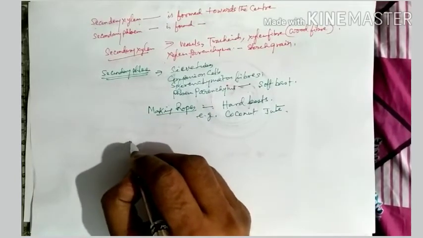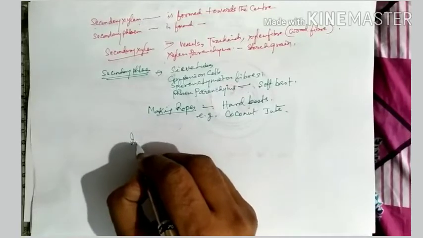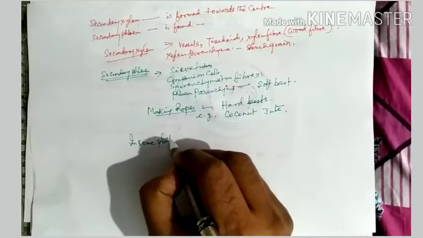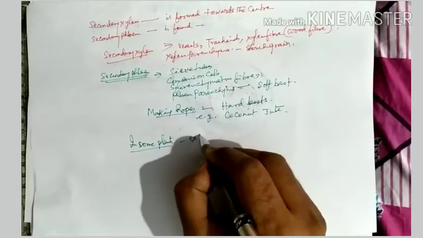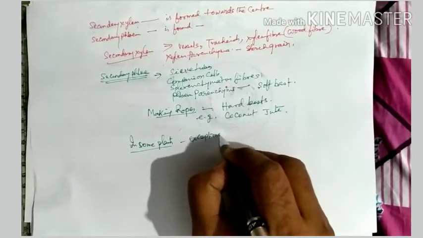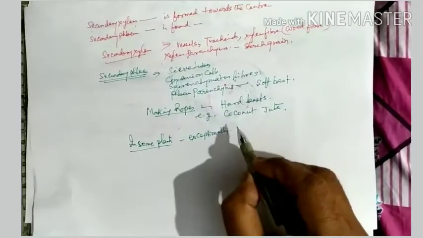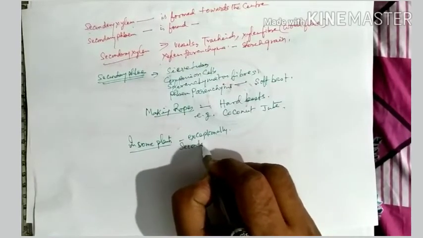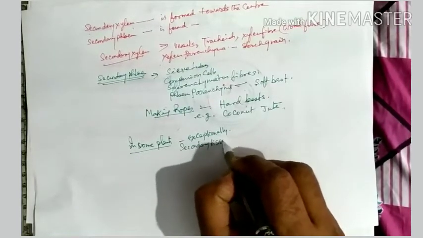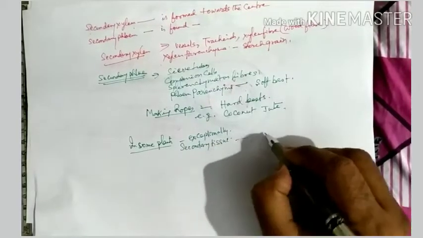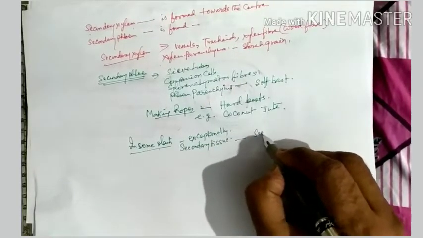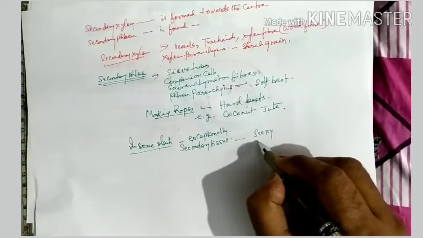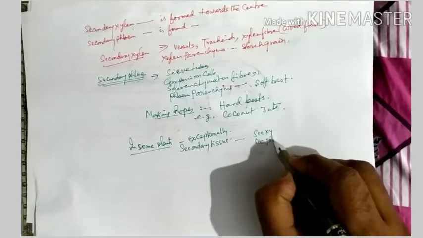Exceptionally, in some plants, the secondary tissue cut by the cambium is not differentiated into secondary xylem and secondary phloem.